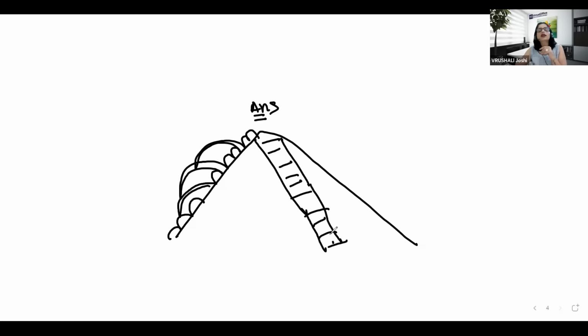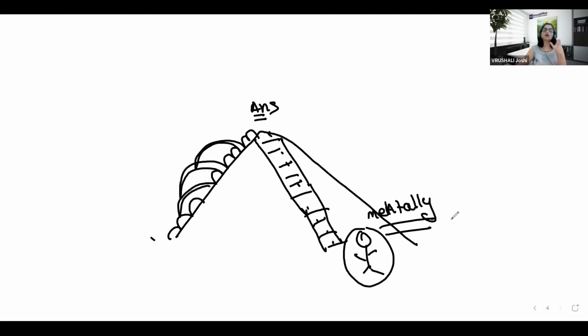Then you can climb it easily. You will not even fall once. This is where we want to reach. Right now, we are looking at a method which is not wrong, but is a little more complicated in terms of doing it mentally. Vedic maths is that method which will help you to do the sums completely mentally. Are you getting it?